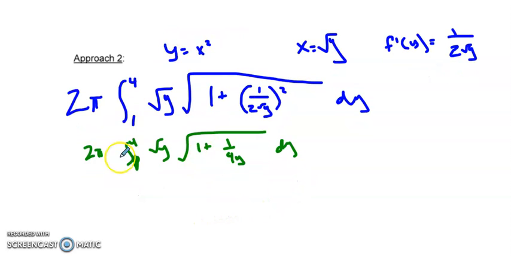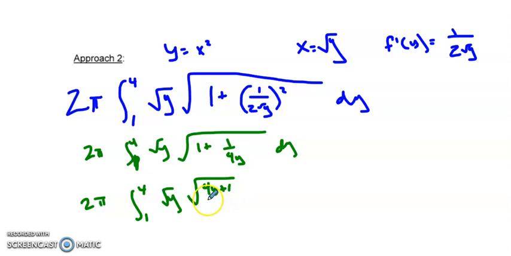And I need a common denominator under my radical, so I have 2 pi, and then I have 1 to 4 rad y, and then I will have, under here I have 4y plus 1 over 4y. Okay, now I'm going to rewrite this denominator here, taking it out of the radical as 2 rad y.